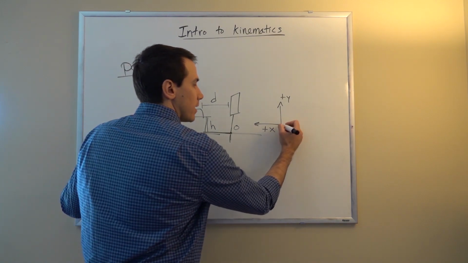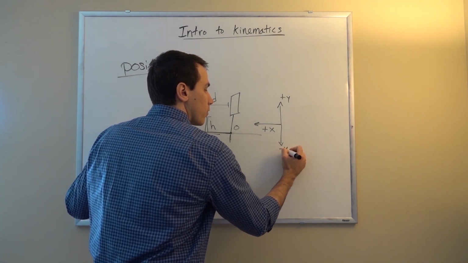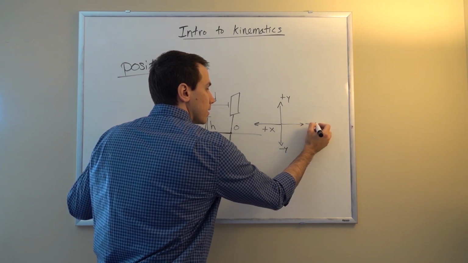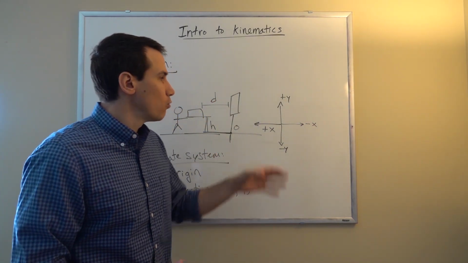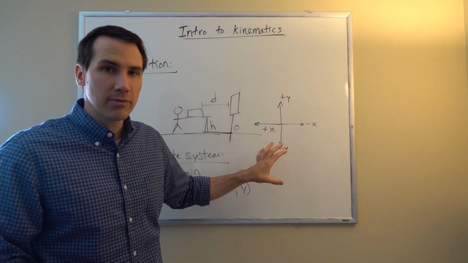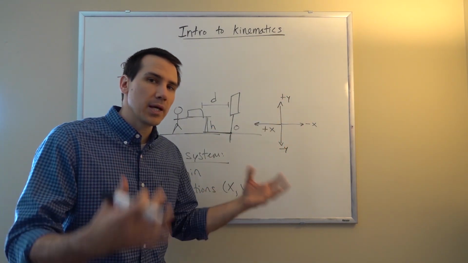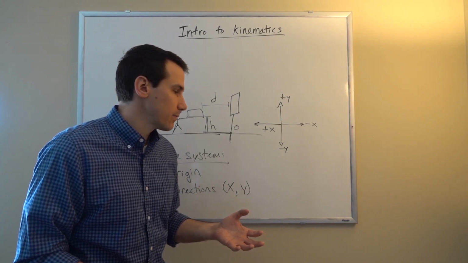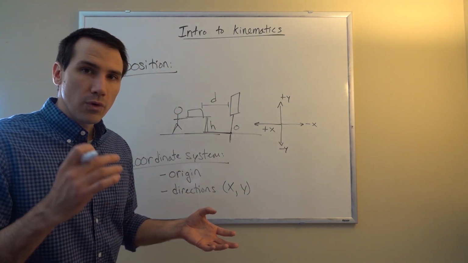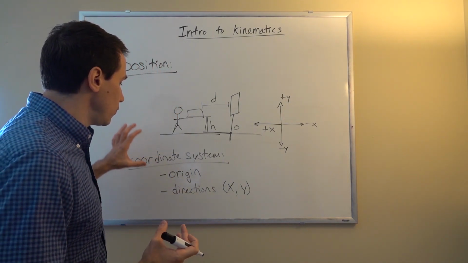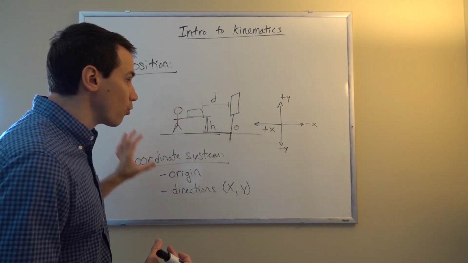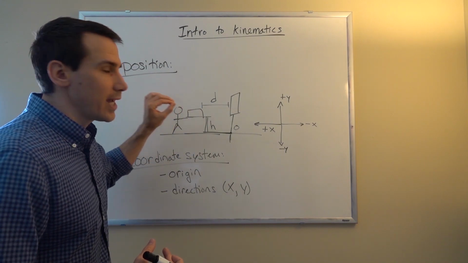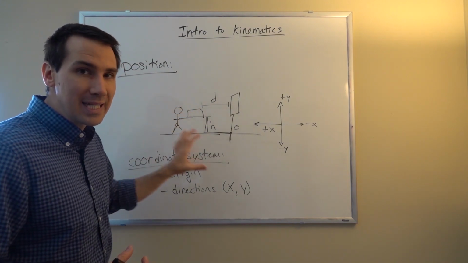And of course, then you could have negative y and negative x. It doesn't actually matter what you choose to be positive and negative here. You just have to pick one and stick with it. Okay, so whenever you have to talk about a position of an object, the first thing you need is a coordinate system where you can locate the position of that object in space.